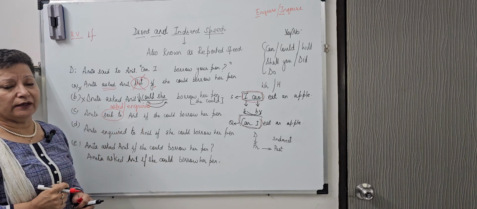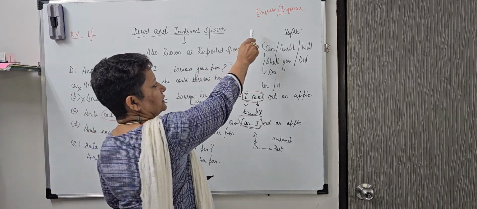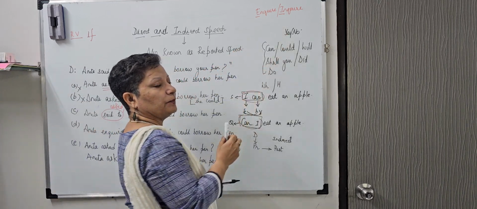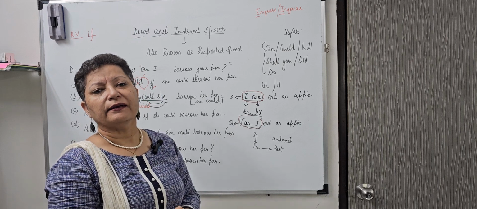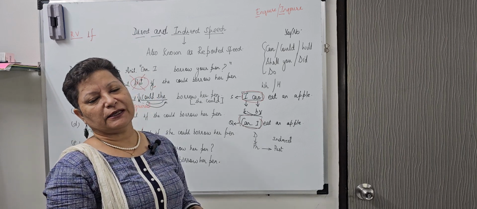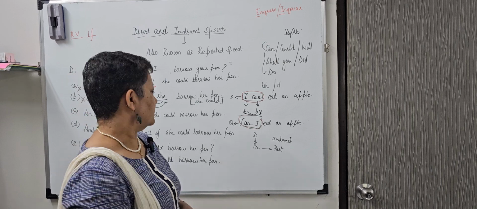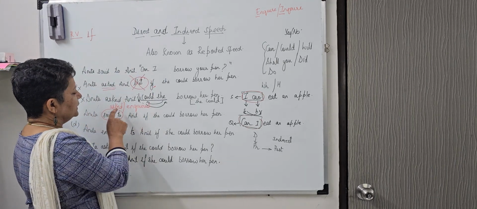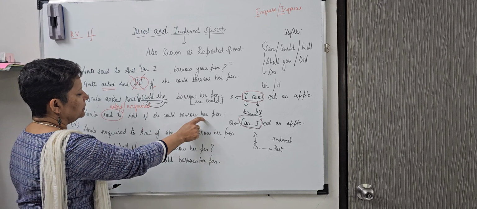When I say inquired, there's again a confusion in the spellings of inquire. Should it be E? Should it be I? Inquire here is the verb. It's a doing verb. So please remember it has to come with an E. Inquired. Okay. So Anita asked Anil if she could borrow her pen.